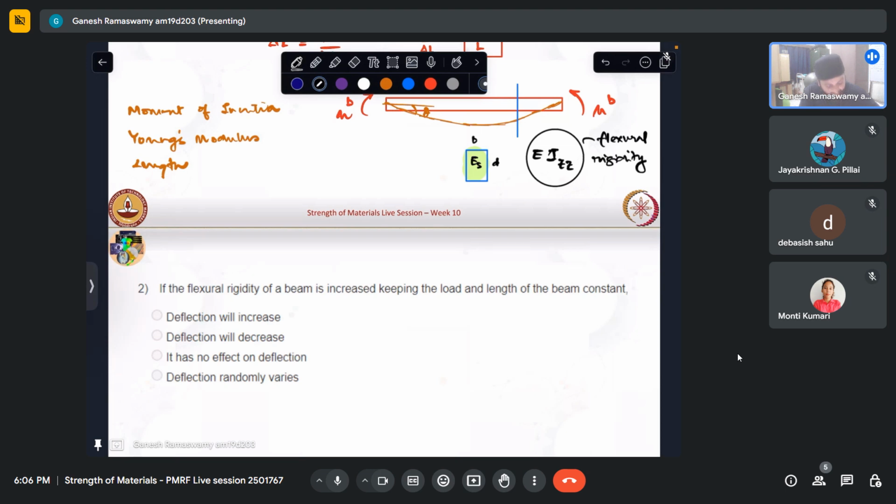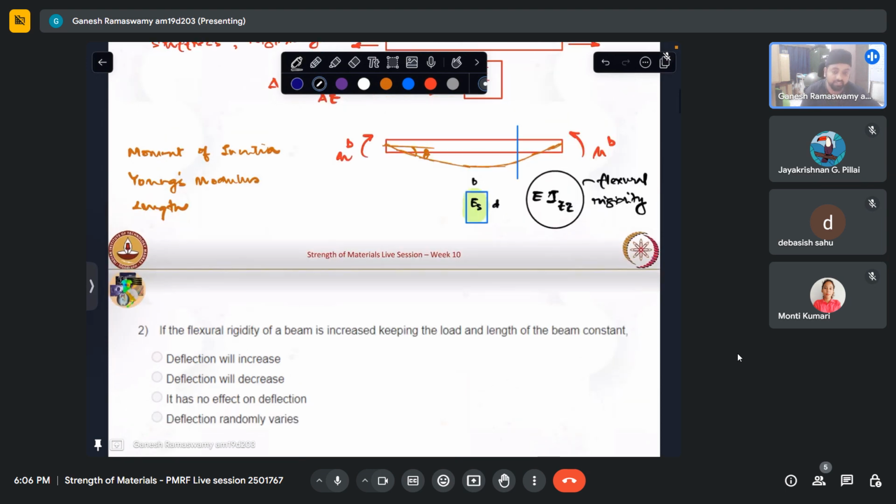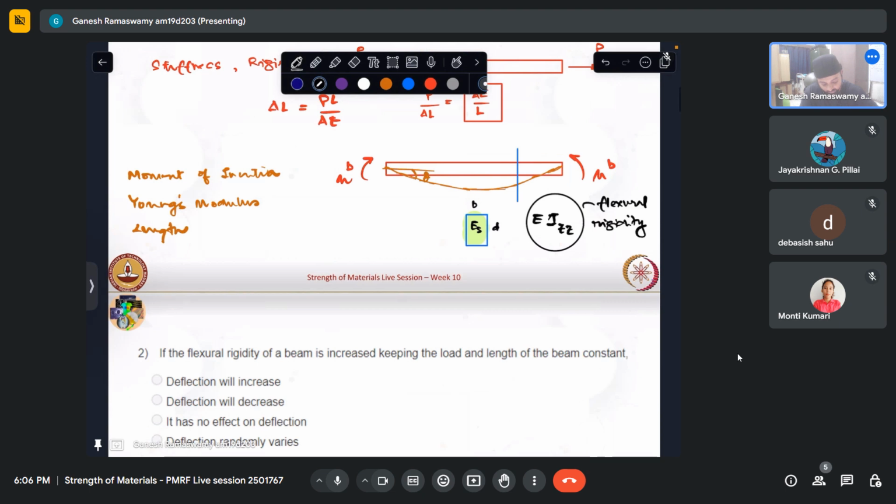So from the name as it suggests, if we were to increase the flexural rigidity, how? We can increase it in multiple ways. We can either make the material stronger, some stronger alloy or something like that. Or we can increase B and D, the dimensions of the beam, keeping the material same.